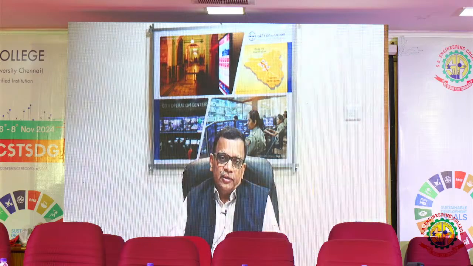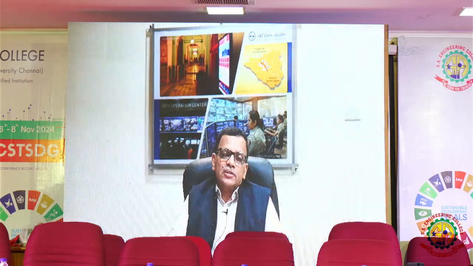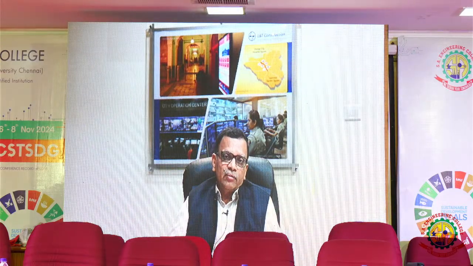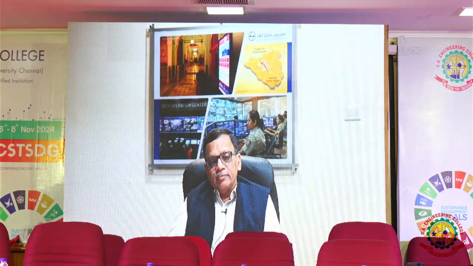Some of the important solutions that we have given, which are worth mentioning here: the problem statement was that there was going to be a huge crowd at Kumbh Mela, one of the major gatherings in India where people come for a holy dip. We wanted the crowd to be managed, so we used software.